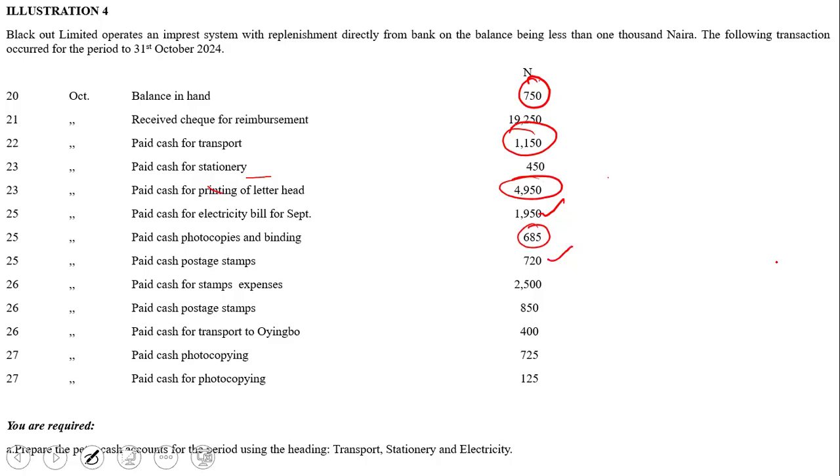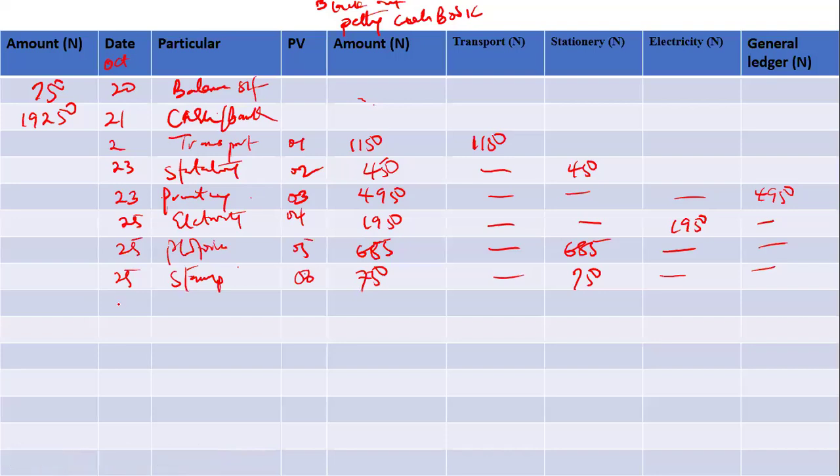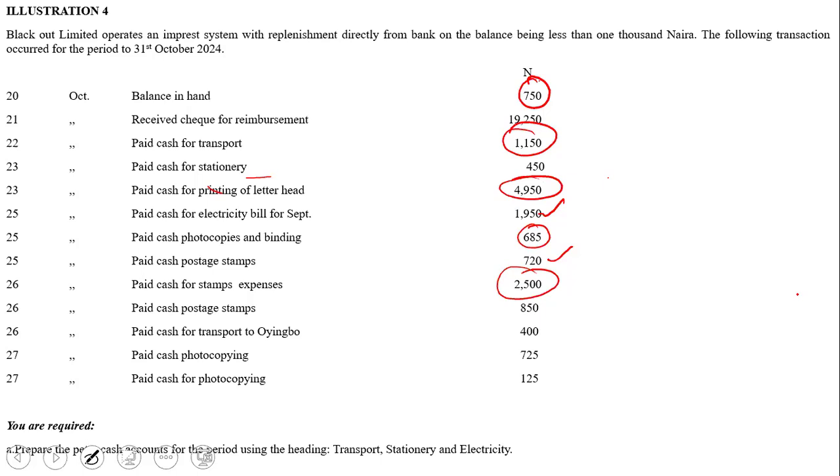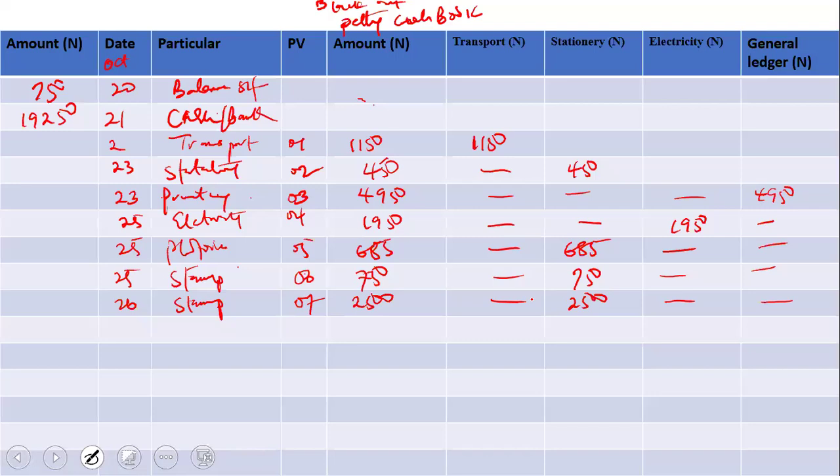Then we have another stamp on the 26th, 2,500. Next, we have another stamp, 850, as on the 26th. Another stamp, and the amount for that is 850.